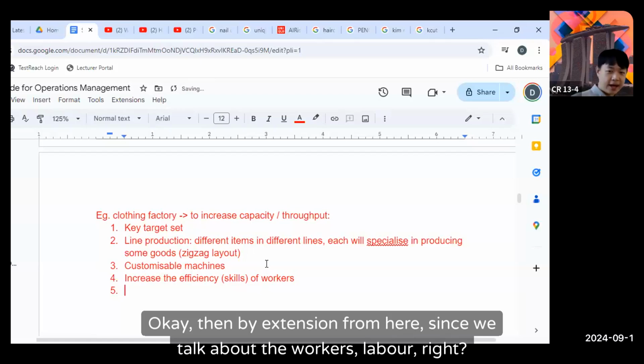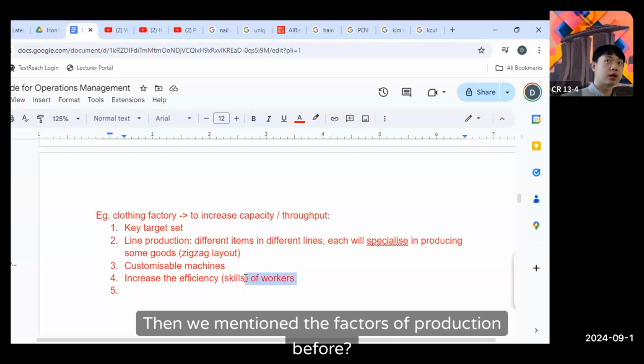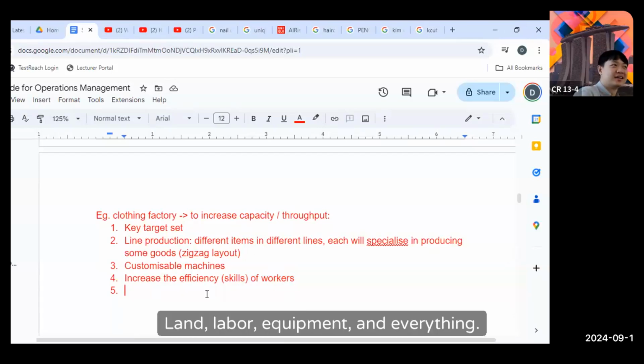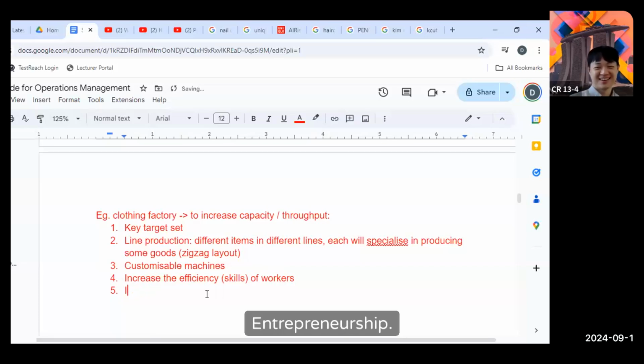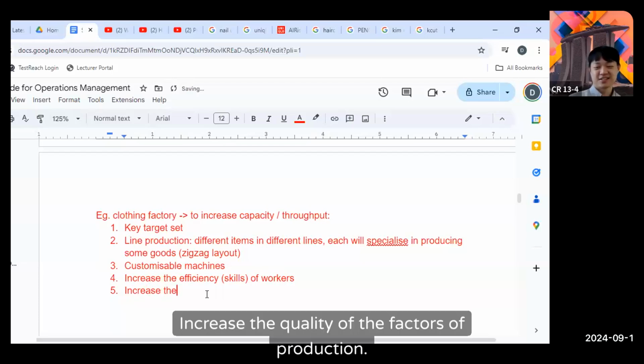Then by extension, since we talk about the workers' labor, we mentioned the factors of production before: land, labor, capital, and entrepreneurship. Increase the quality of the factors of production.